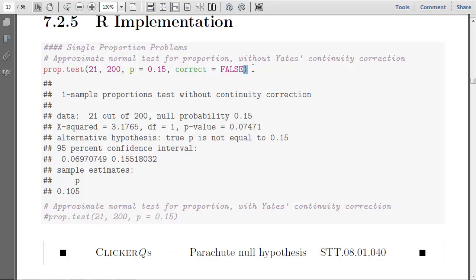You could also specify another argument of alternative is greater or less than. We've got a 95% confidence interval right here, roughly 0.07 to 0.155. And of course our sample estimate, which is just 21 divided by 200, is here at the bottom. So we've got all the information here to either make a decision about a hypothesis test or to make inference using a confidence interval.